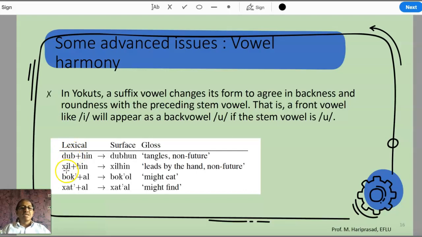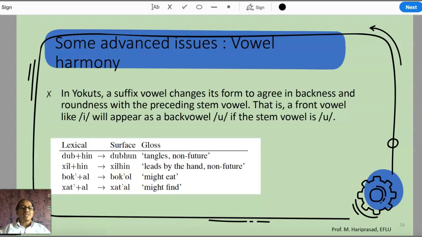So you have sil plus hin, both are front and unrounded, so they remain as it is. When you have a word like bok and suffix al, o is back, a is also back, but o is round, a is not round. You can pronounce and say a, not o. O is round, right? So because there is a rounded vowel, this a also becomes round and becomes bokol, right?